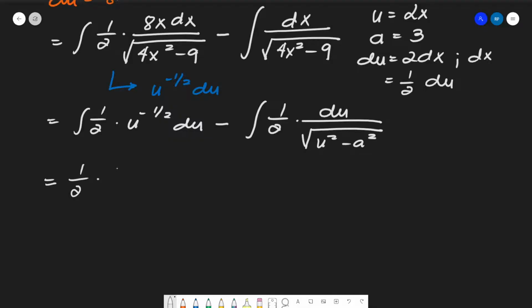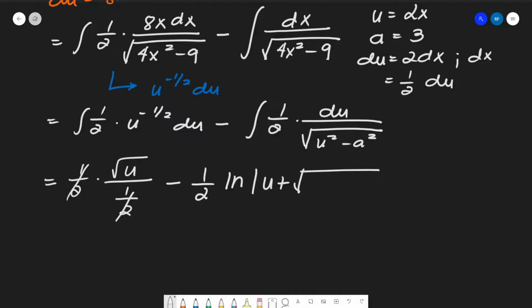That is u raised to positive 1/2, or square root of u, over 1/2. Obviously the two 1/2s cancel. Minus 1/2 times the natural logarithm, the one from earlier, of u plus the square root of u squared minus a squared plus c.